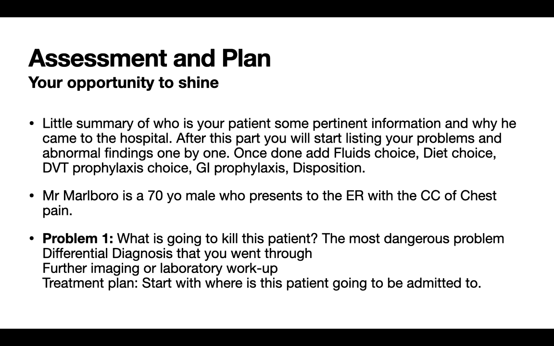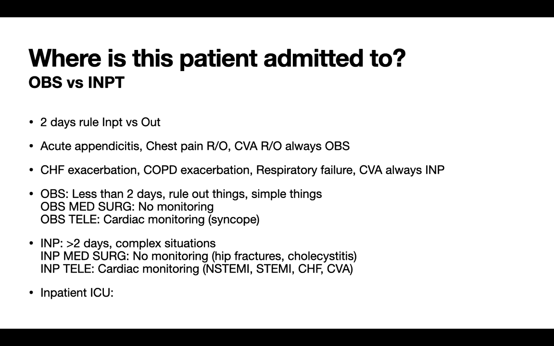And I start here with, where is this patient going to be admitted to based on your assessment? Observation versus inpatient. Basically, if you're going to send a patient to observation, it's because you're not sure that he has something that's going to keep him in the hospital for more than 2 days. And this can be the patient is ruling out for ACS, or ruling out for CVA, or syncope workup.